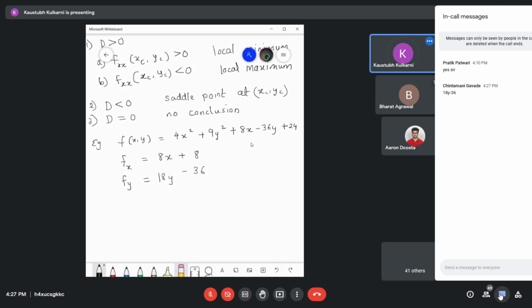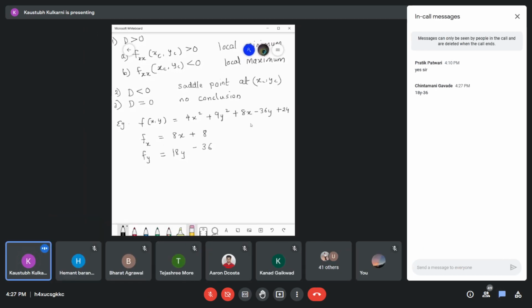So now from these equations, you can see that derivative exists. So we'll have to equate both to 0. x is -1 and y is 2. Okay. Directly from these equations, critical point is -1 comma 2.